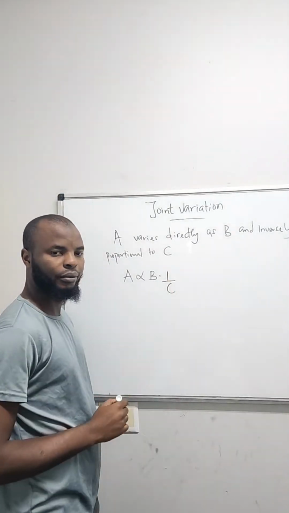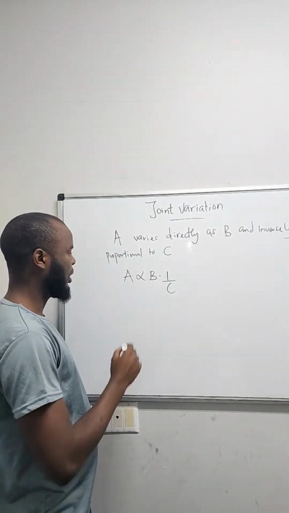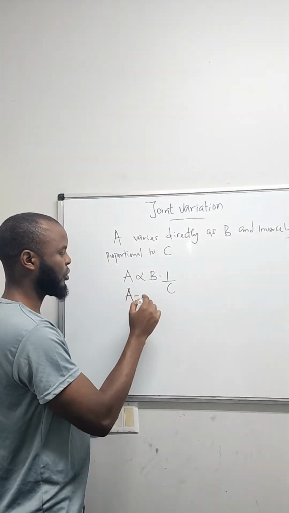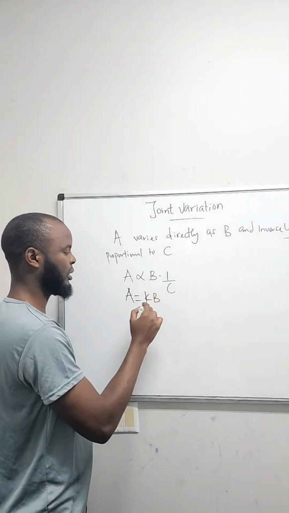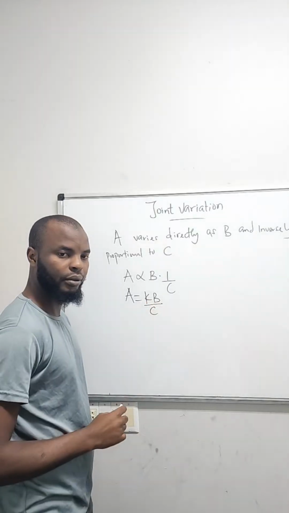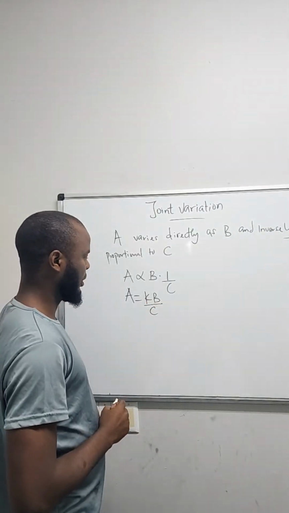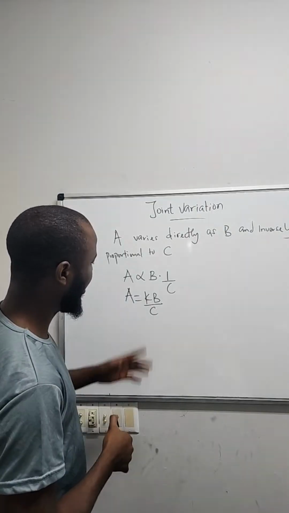C. So here we can have A equals to KB over C. Okay? KB over C. So you can have something like this.